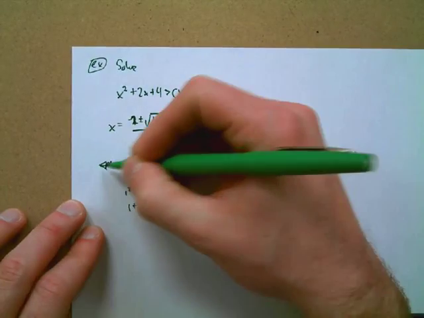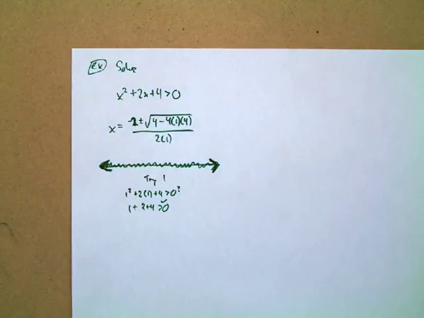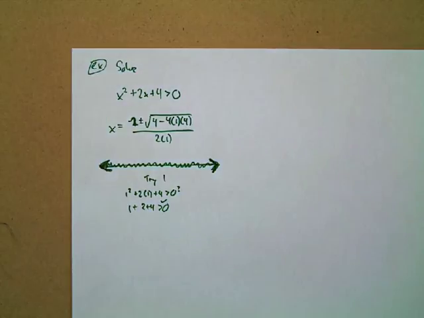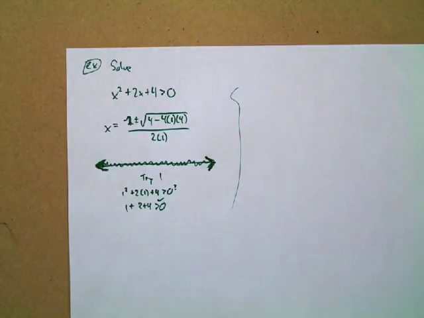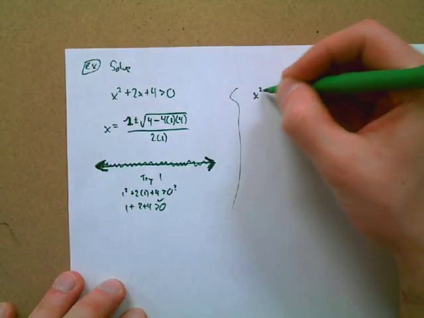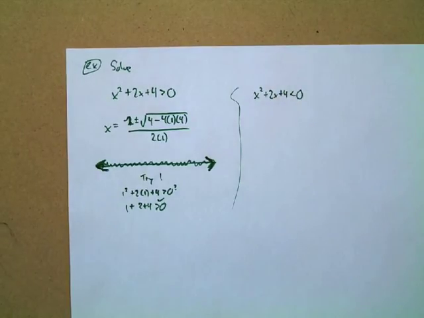Compare that then. What if we change this up slightly? If we said x squared plus 2x plus 4 is less than 0. All I did was change that inequality sign. Well, again, there would still be no zeros, so we can still draw our number line there. And again, we can pick any number we want. I'm going to try just 0 this time, because 0 is easier to calculate.